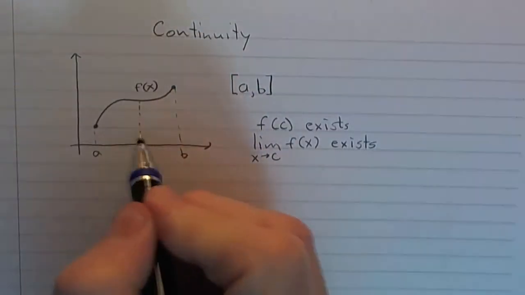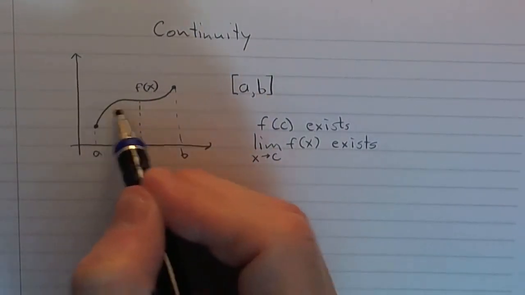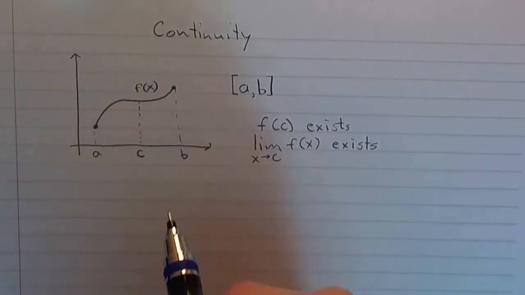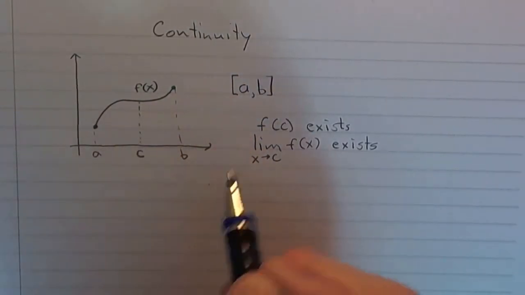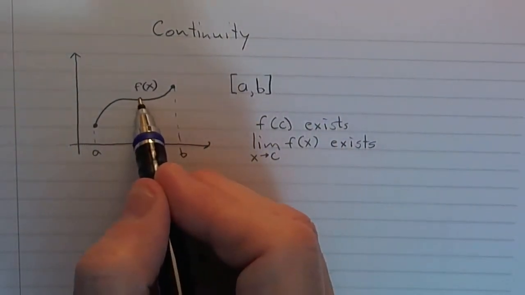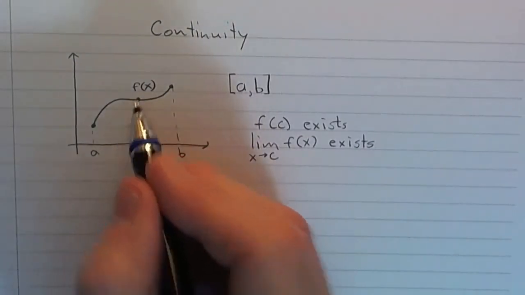See, what I did was I had an interval over which this function is continuous, and I just picked a point in there and said, let's look at some of the characteristics of that point. Well, the point exists. This point right here is c, f of c. The limit exists, as you can see.